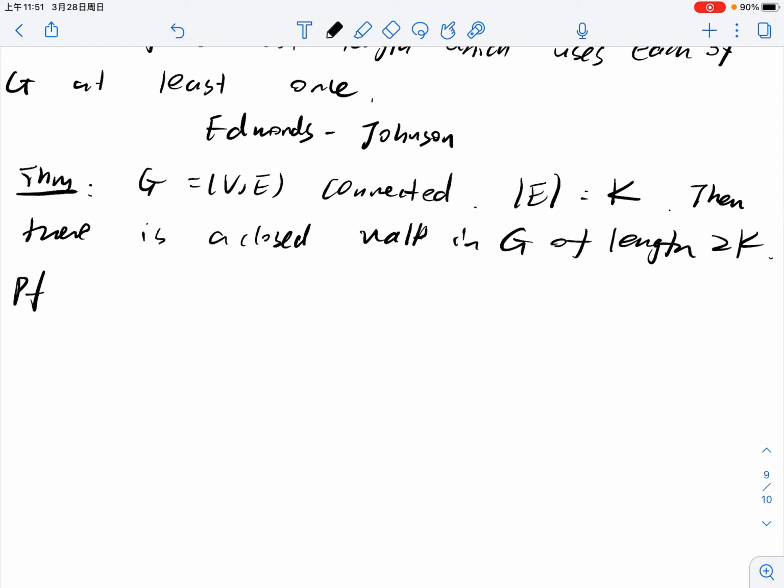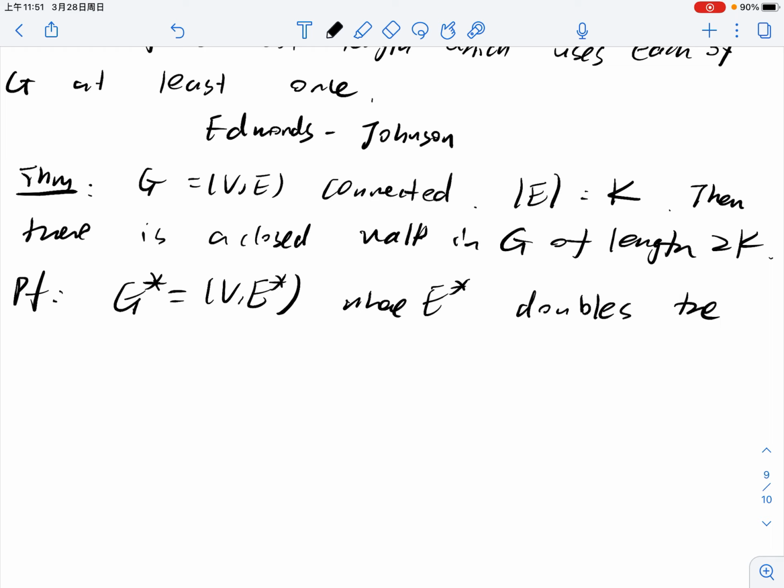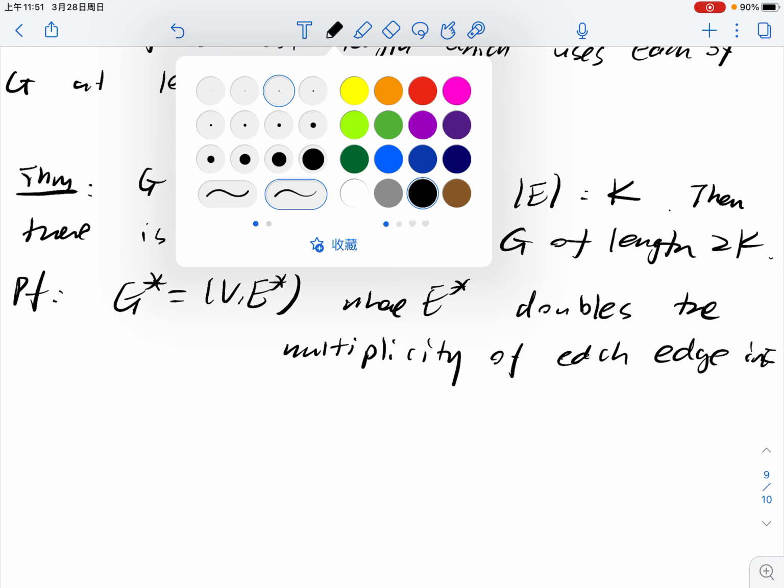Okay, and the proof is quite easy. You construct a new graph G star such that E star doubles the multiplicity of each edge in E. So what does this mean?